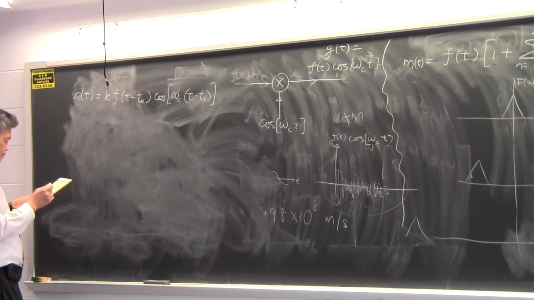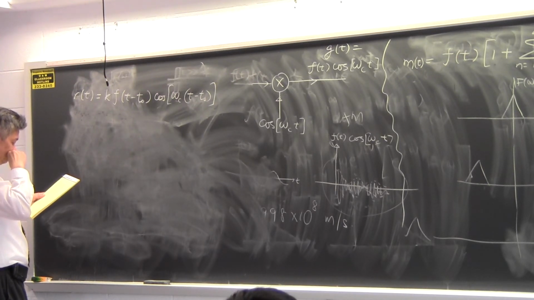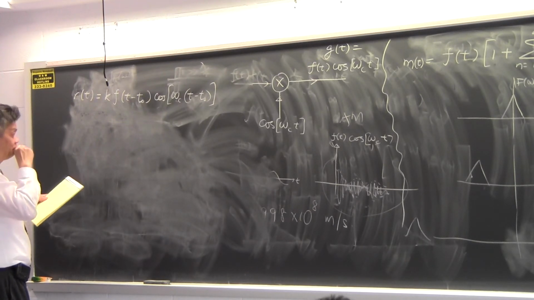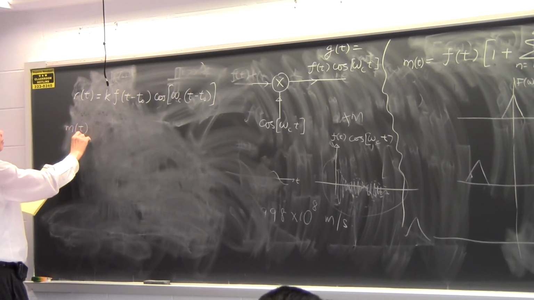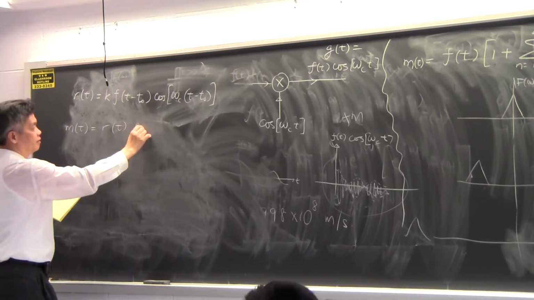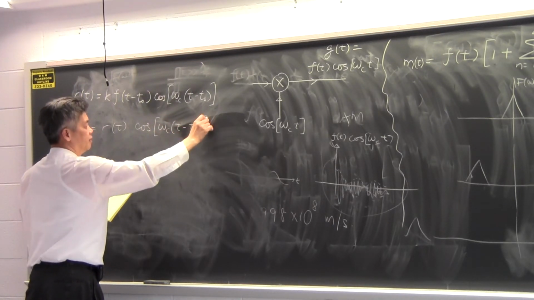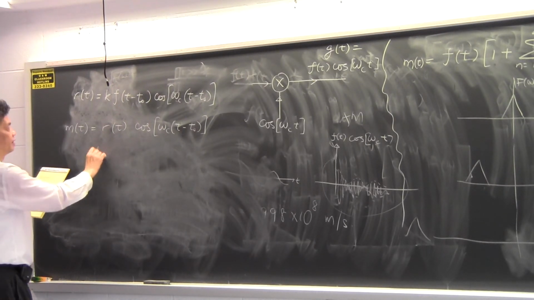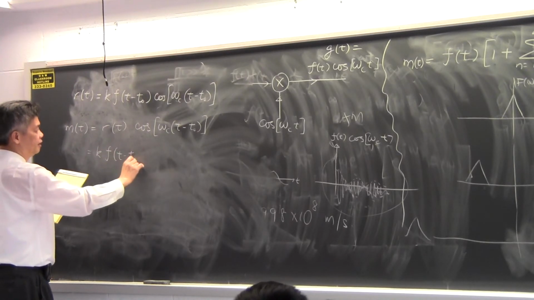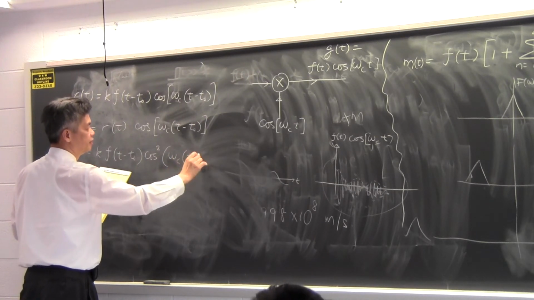So what we need to do is some kind of demodulation. If we multiply this signal with another sinusoidal signal that is exactly delayed by the same time, then what I have is K f of t minus t naught, cosine squared of omega c times t minus t naught.